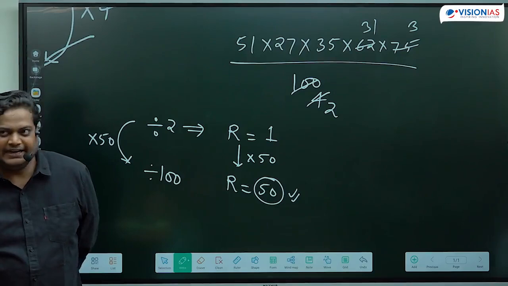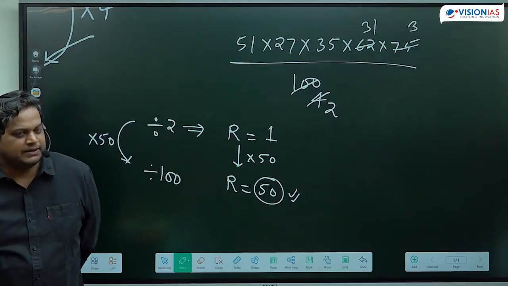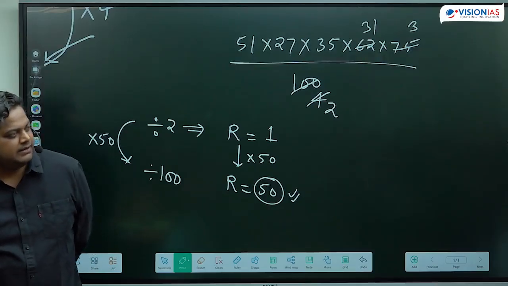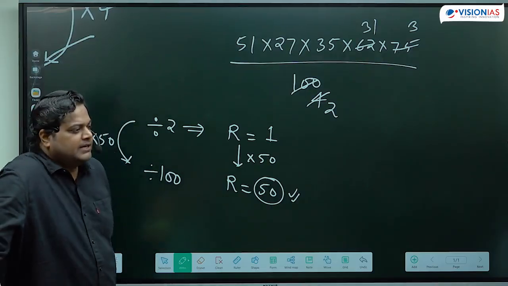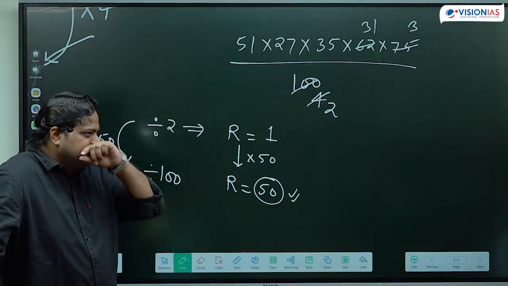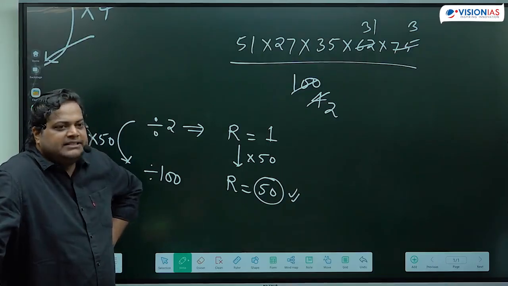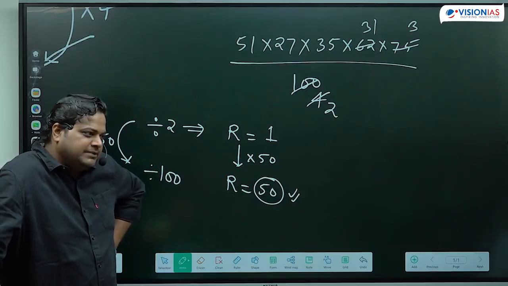In the case of 99, 10 to the power 99, it was coming 0. If we are taking 10 to the power 100, then what was coming? 4 into 100 by 6, 400 by 6. Is 400 by 6 completely divisible? No, we are getting some remainder.